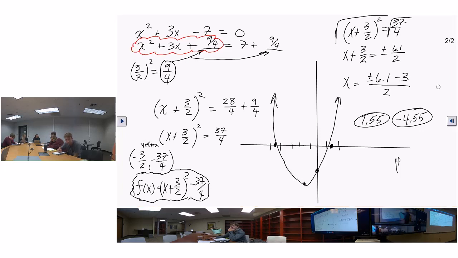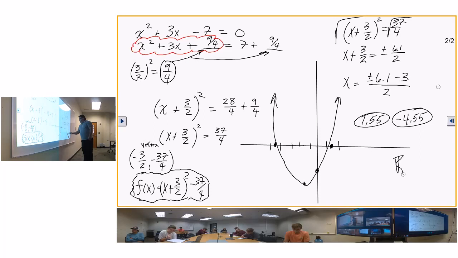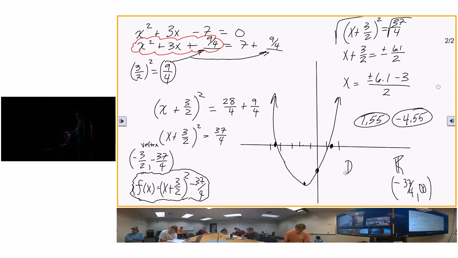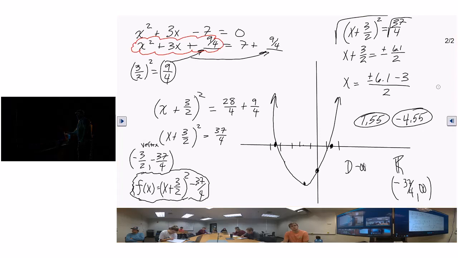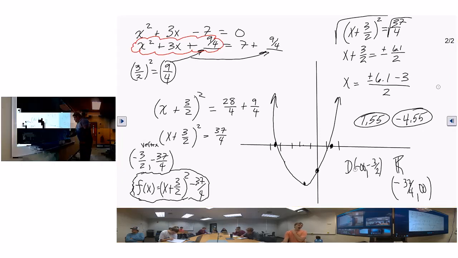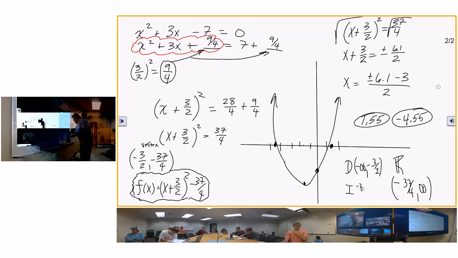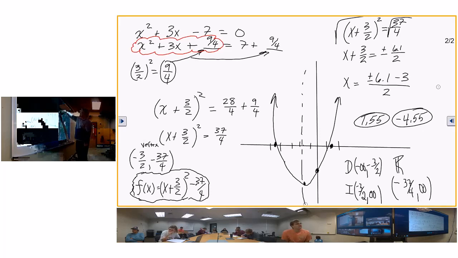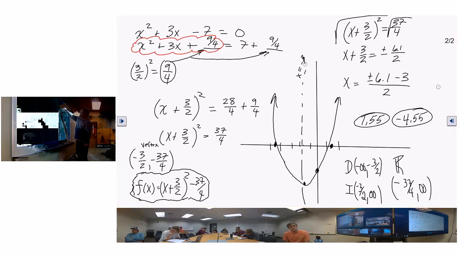Domain, all real numbers. Range, negative 37/4 to infinity. Decreasing from negative infinity to negative 3 halves. Increasing from negative 3 halves to infinity. Line of symmetry always goes through the x. X is equal to negative 3 halves.